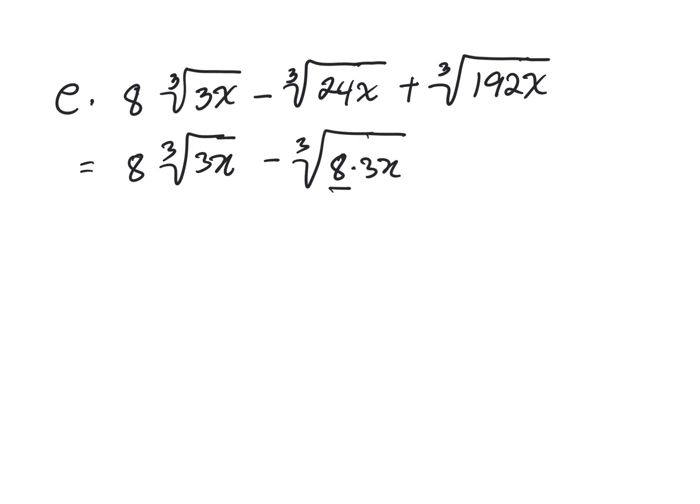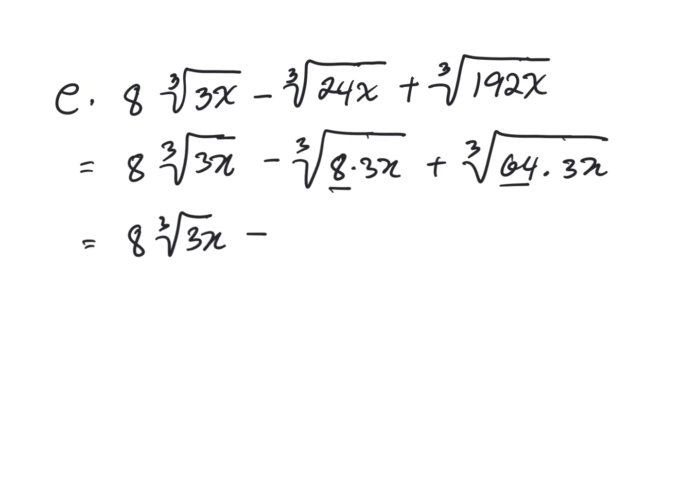Why 8? Because 8 is a perfect cube. Here, the cube root of 192x, we can break that out as 64 times 3x. I choose 64 because 64 is a perfect cube also. Simplify. 8 cube root of 3x minus the cube root of 8 is 2.